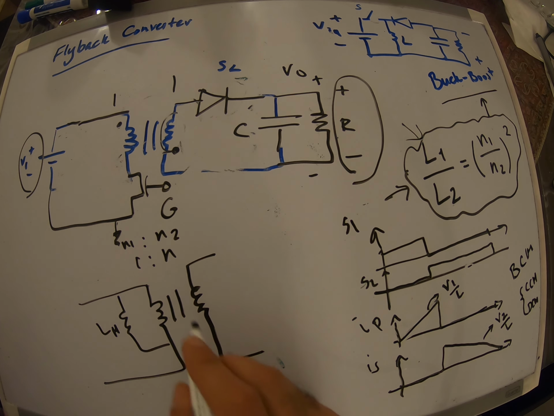And here the energy is stored in the air gap and in the core of the coupled inductor. We also have some leakage inductance, which is one of the disadvantages of this converter, but we're going to go through that a little bit later. And as I said, I wanted to draw the waveform, so let's do this together.